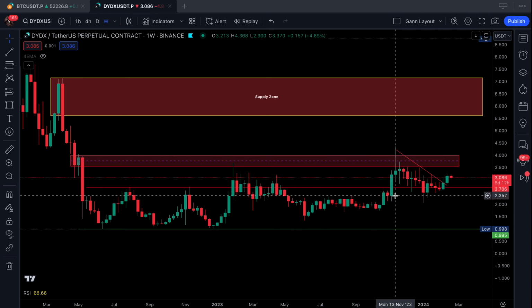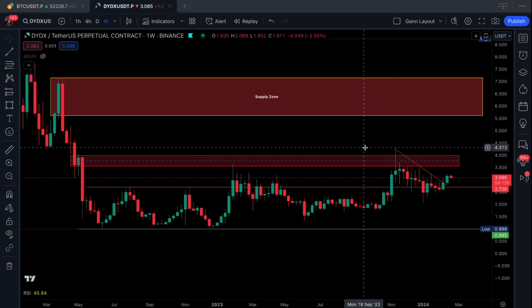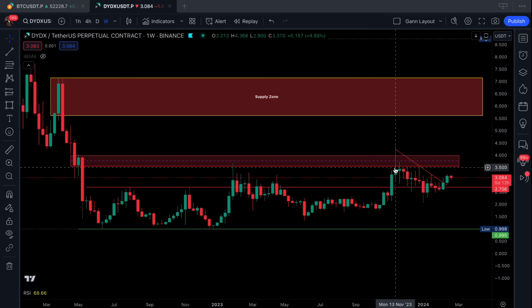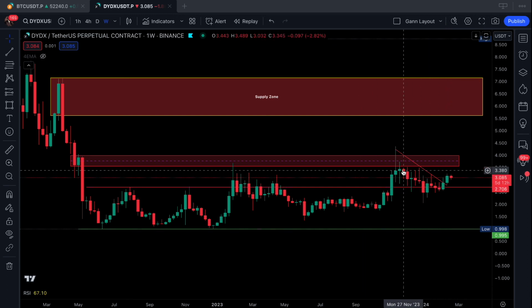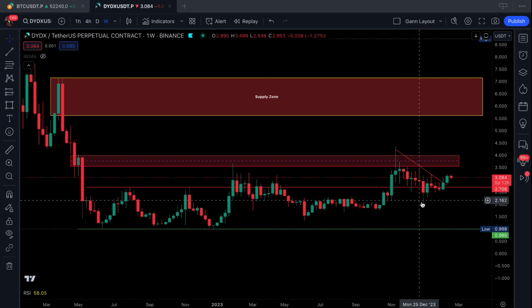What happened here? They pumped the price to 435 immediately before a huge unlock of supply. And once this supply was unlocked, prices came back to the range high. It's called back across the ice.